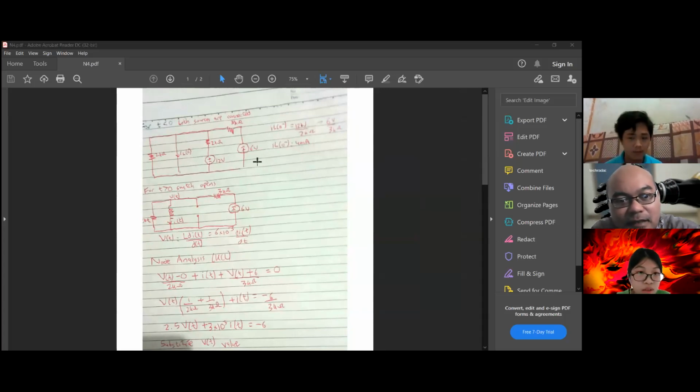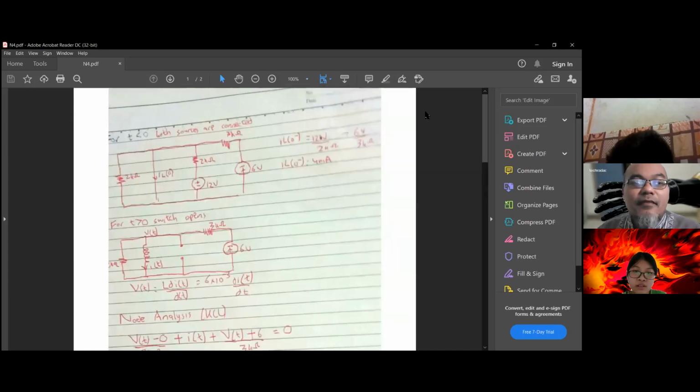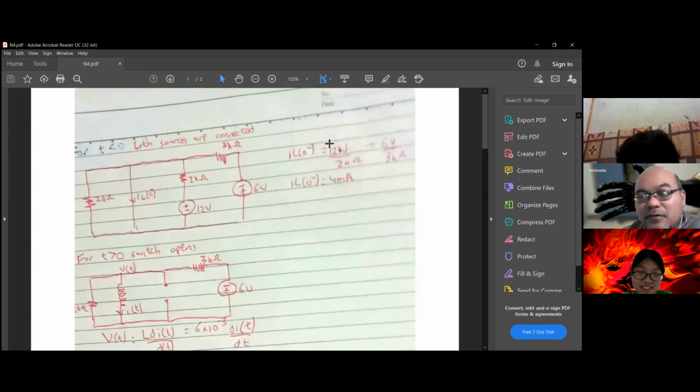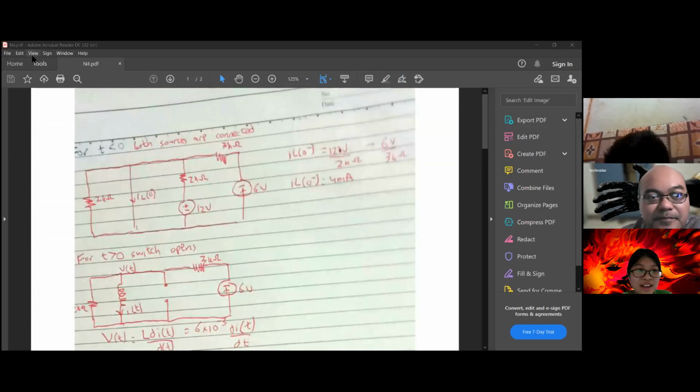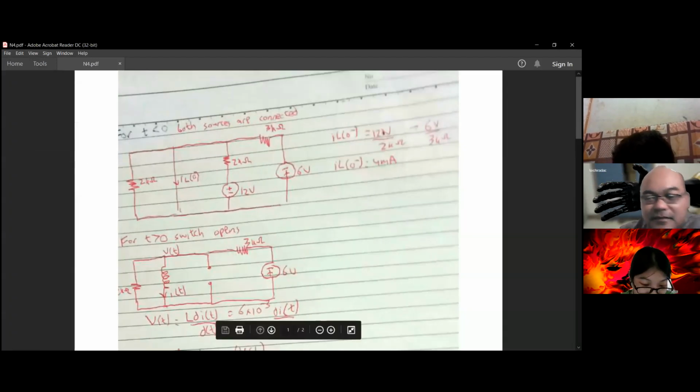Zoom into 100% or 125%, please. Larger, please. If possible, it fills the whole shared screen area. If you could also hide the menu there, export PDF, edit PDF, etc., even better. Then you can use view, then read mode. Oh yes, that would be nice.